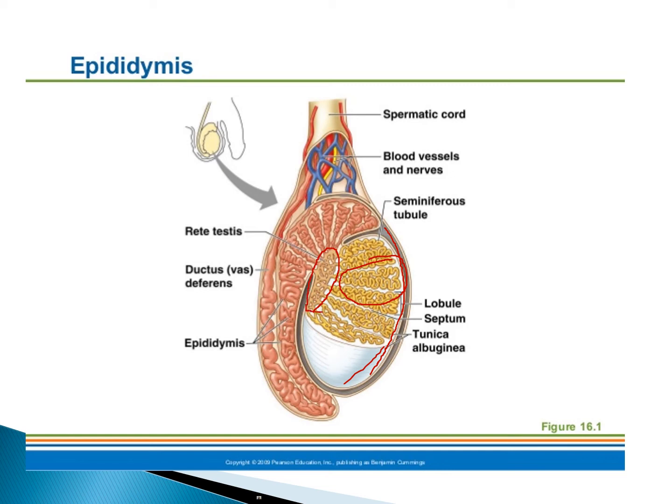After the formation of sperms and after they get into the rete testis, they are transferred into the epididymis. This is the part of epididymis. After then they come into the vas deferens. Vas deferens takes the sperm outside the testis.